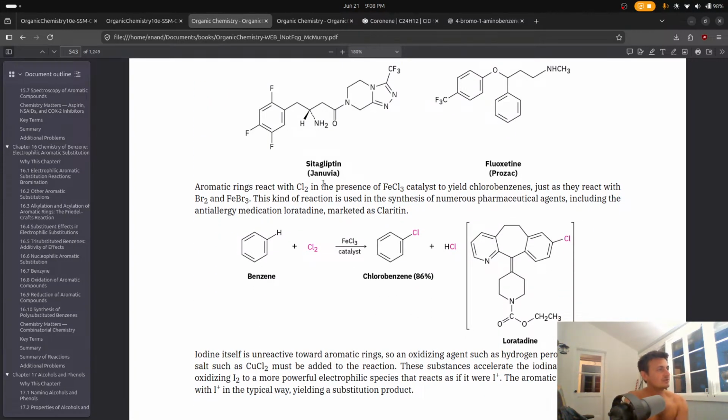Aromatic rings react with chlorine gas in the presence of iron chloride catalyst to yield chlorobenzenes, just as they react with bromine gas and iron bromide. This kind of reaction is used in the synthesis of numerous pharmaceutical agents, including the anti-allergy medicine loratadine. Oh, Claritin? No way, that's Claritin?